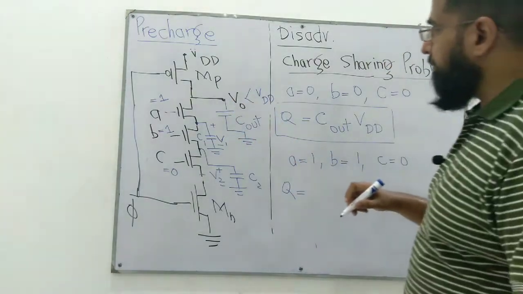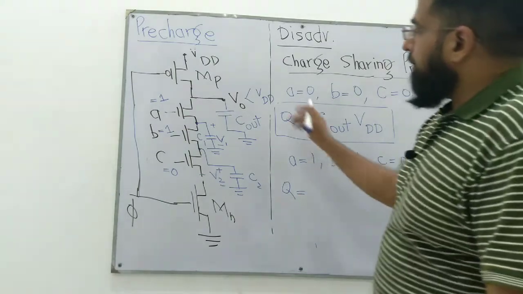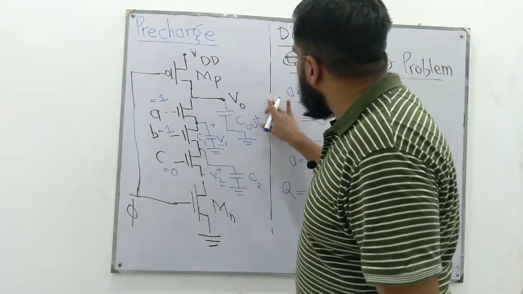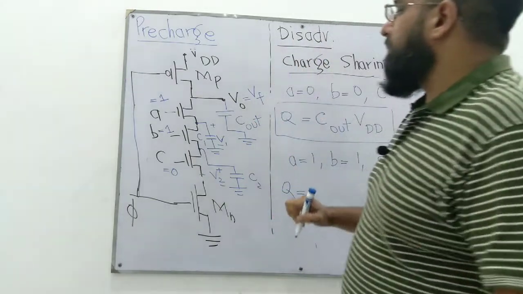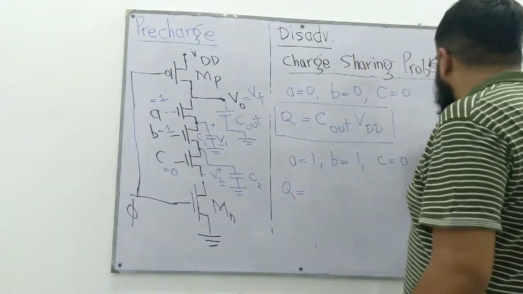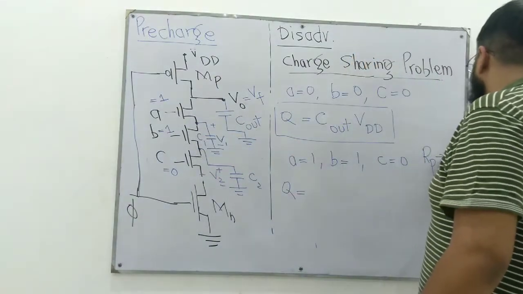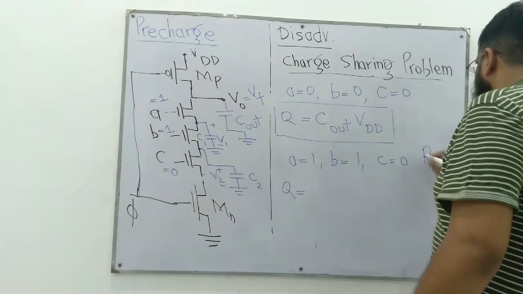So this Vout, suppose it settles at a value, let's call it Vf, and we assume that the resistance of these transistors, Rn, is very small and approaches 0.